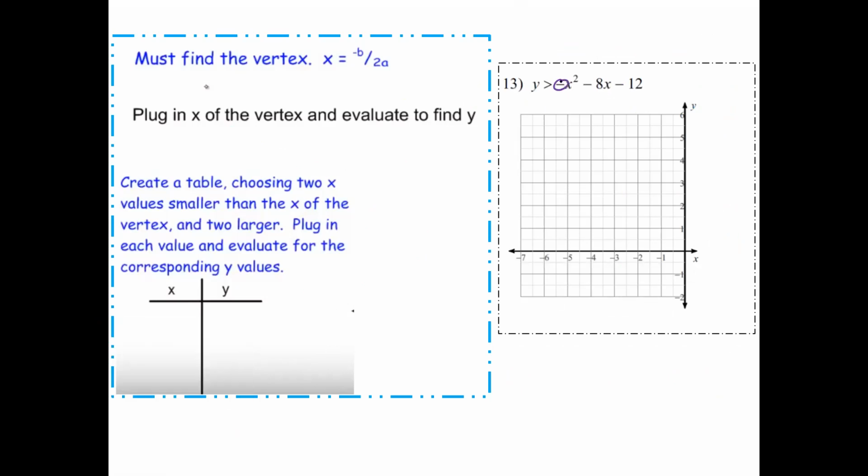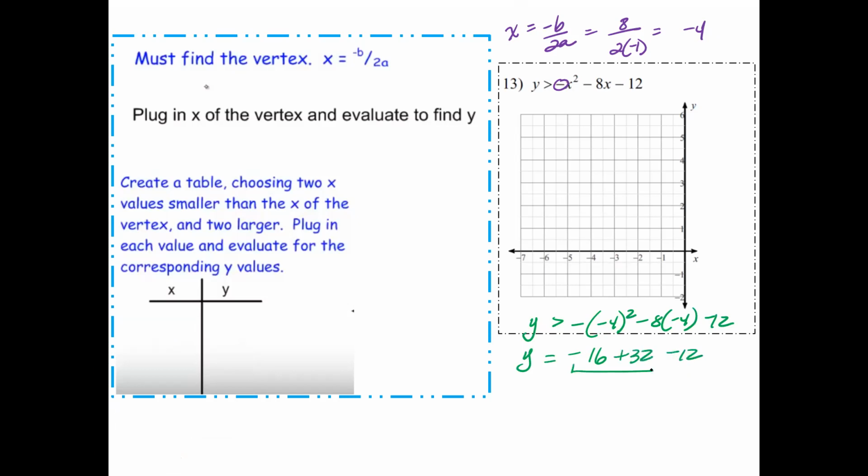But number 13, notice there's a negative right there, so it's a sad face. And so your x is negative b over 2a, so that's positive 8 over 2 times negative 1, which is going to give you a negative 4. Now I need to know what the y is, and the y is going to be greater than negative 4 squared minus 8 times negative 4 minus 12, so that's a negative 16 plus 32 minus 12.